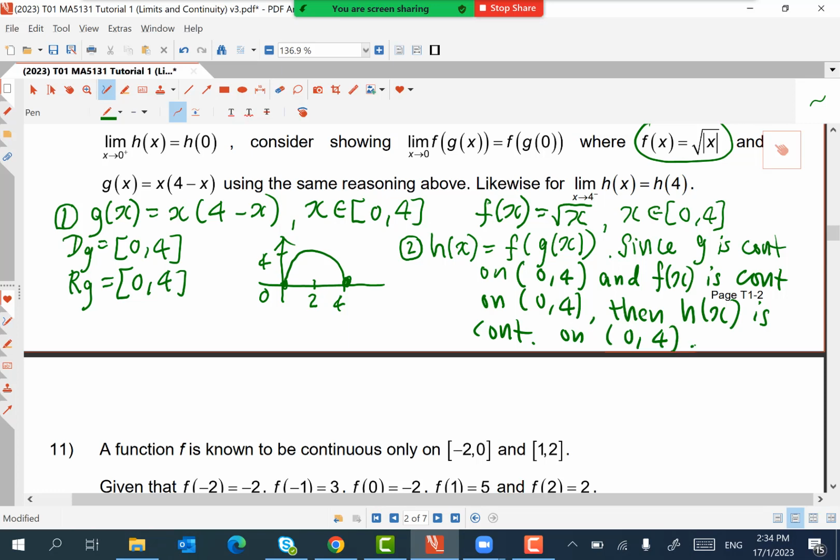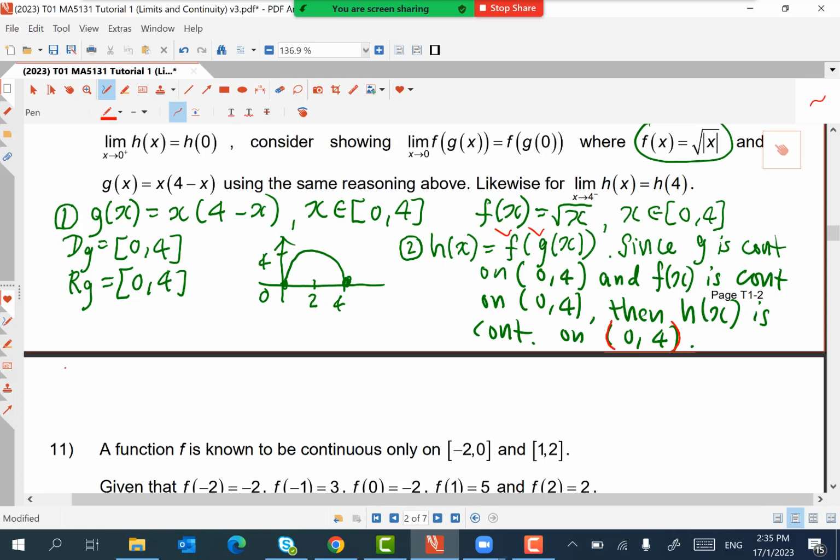Do you remember the earlier result that says if a function g is continuous at a point, and then another function f is continuous at the image of the point, then the composition will also be continuous at the point. So because g is continuous, f is continuous, therefore at the point in question, f(g(x)) will also be continuous. So that settles the continuity of h(x) in the open interval from 0 to 4.